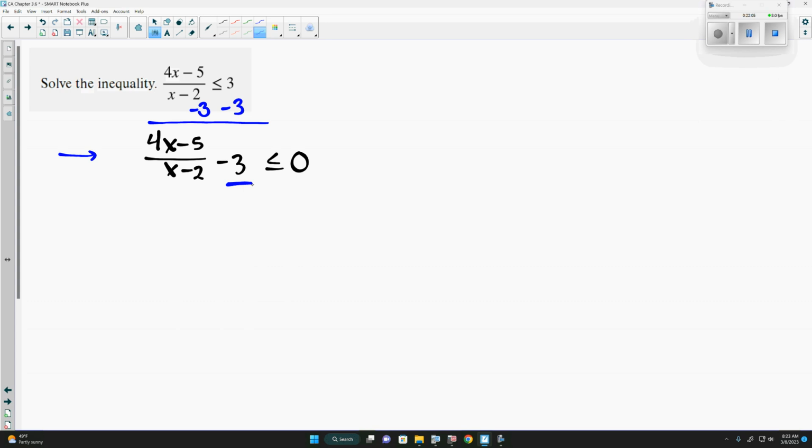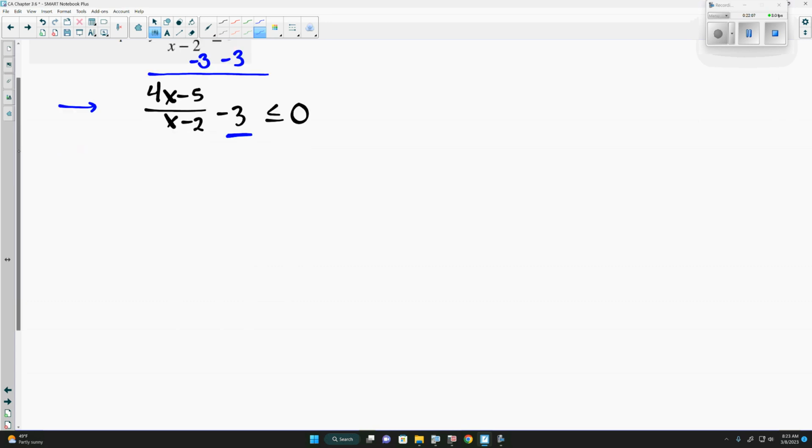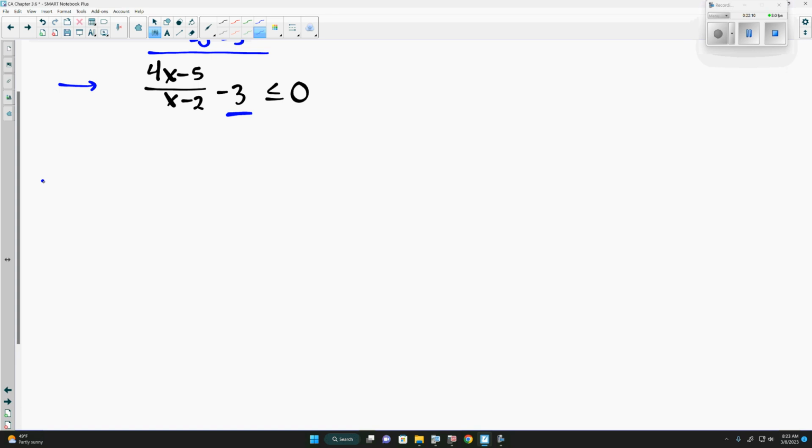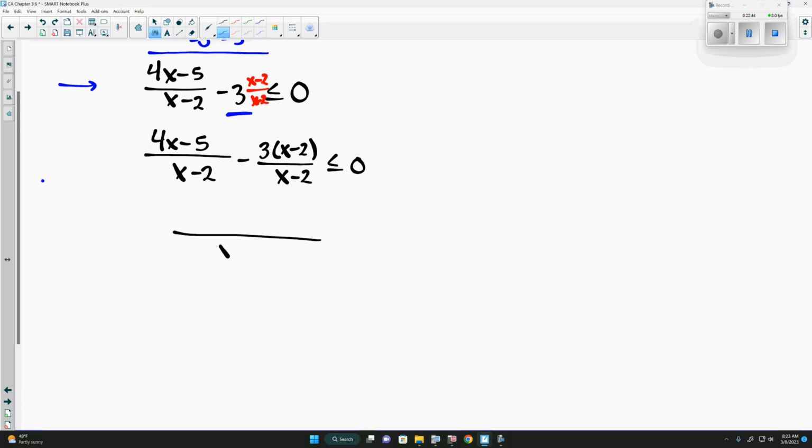To really be able to see the restrictions, we need this as a single rational expression. But for us to be able to add or subtract rational expressions, we need the denominators to be the same. So what that means for us is that we actually have to multiply 3 on top and bottom by x - 2.